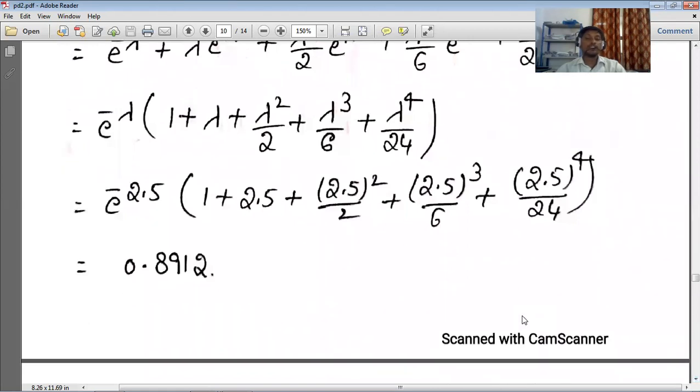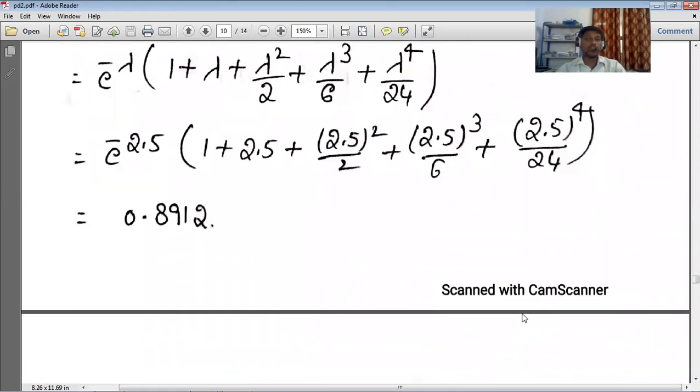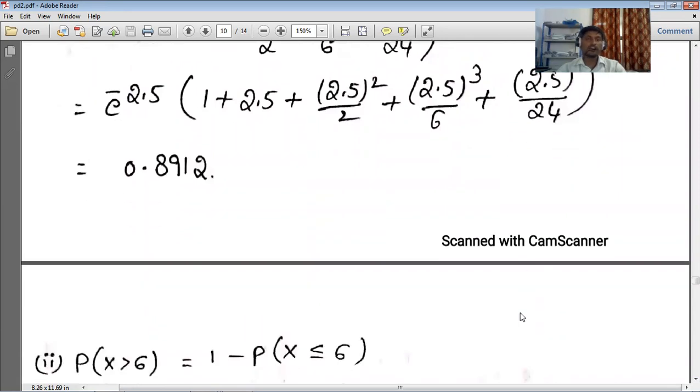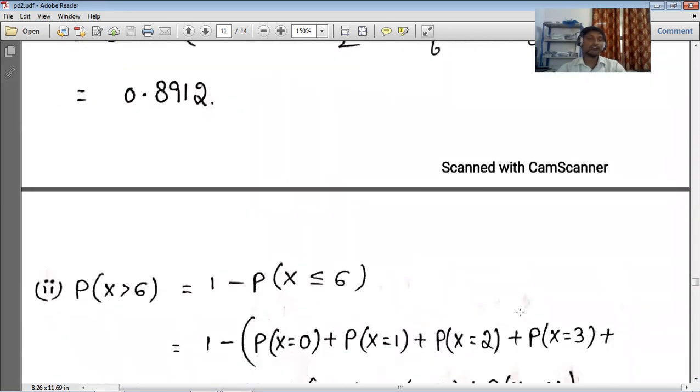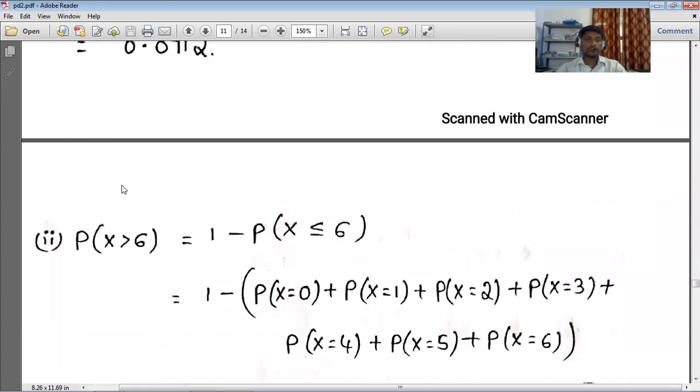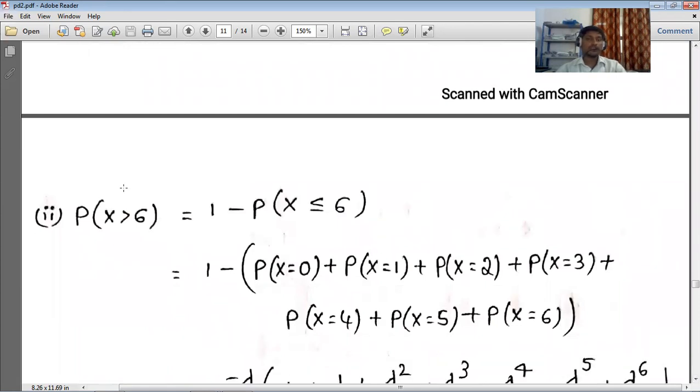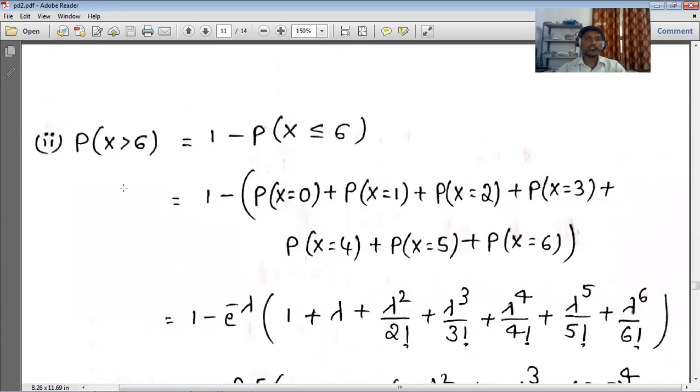Okay, the only thing is you need to identify what they asked. If they give it in word notation, how to write it in symbolic notation. And next, more than 6 calls. More than 6 calls is nothing but 1 minus, so we don't know the value of n.